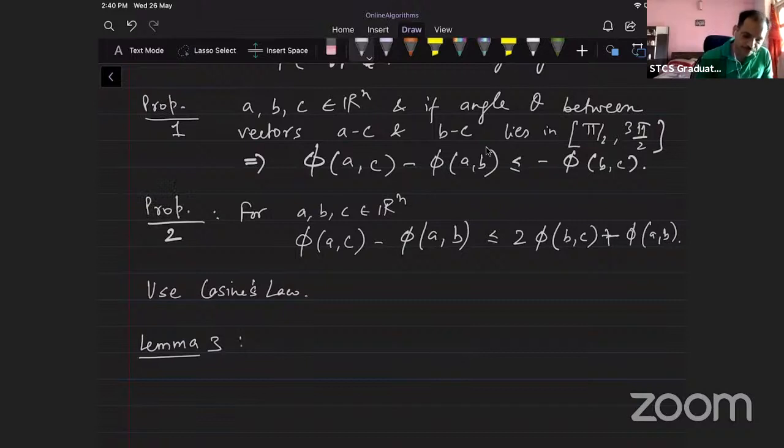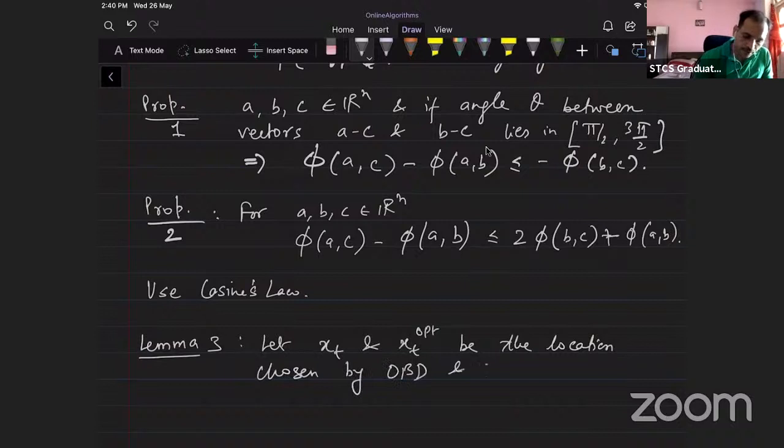So lemma 3. Let xt and xtopt be the location chosen by OBD and OPT respectively.